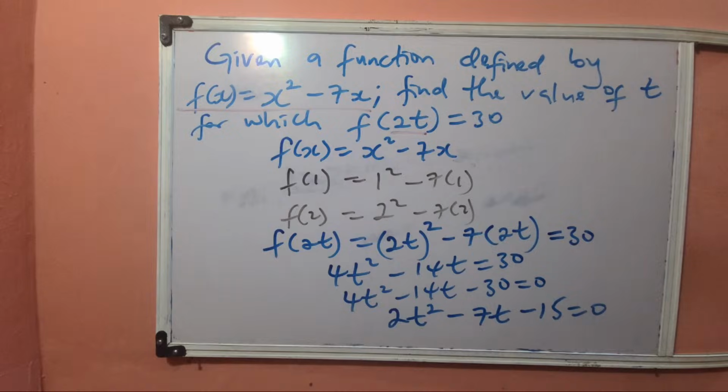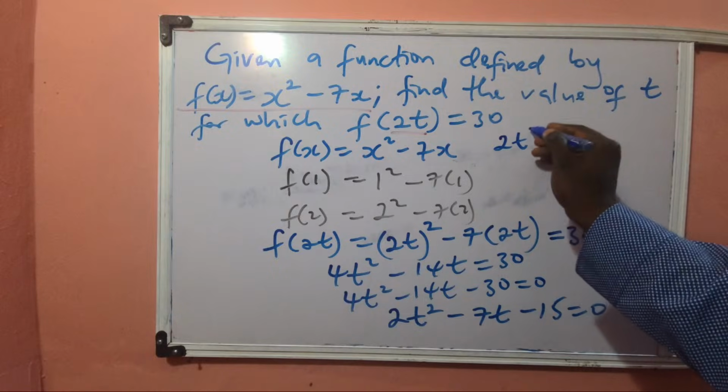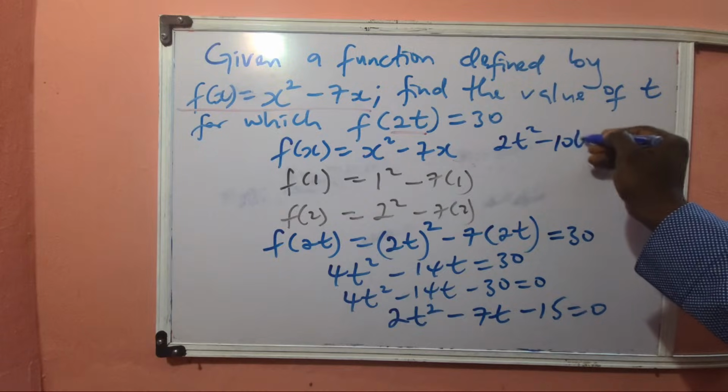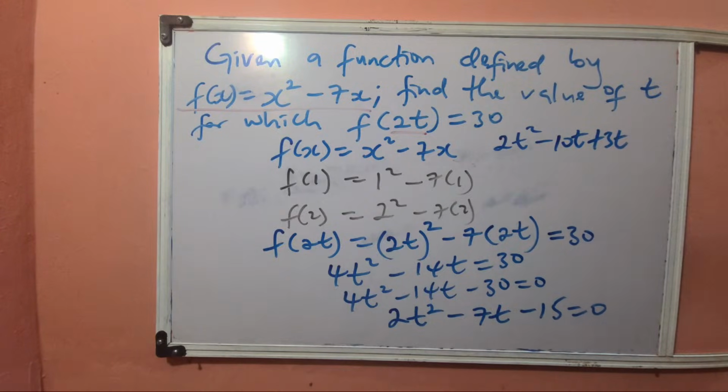If I go on to solve this, of course, I'll be looking for the factors that give me the product of minus 30 and the sum of minus 7. That obviously will be minus 10 and 3. Minus 10 and 3 will give me the factors I'm looking for. So I can have 2t squared minus 10t plus 3t minus 15.